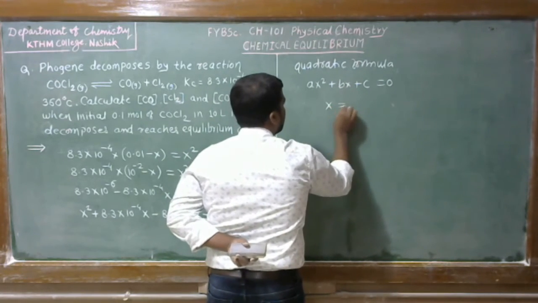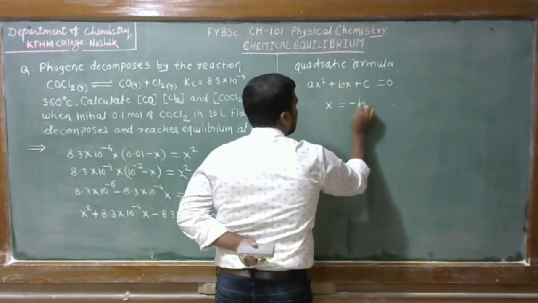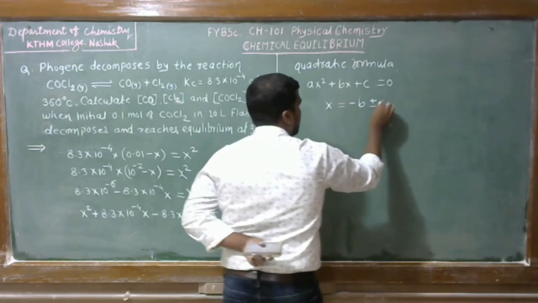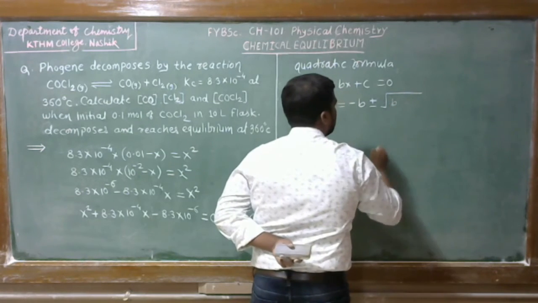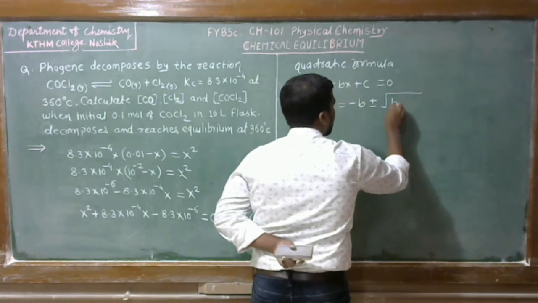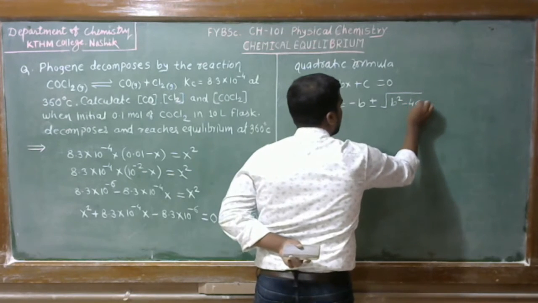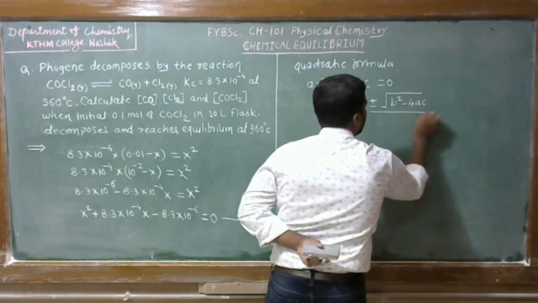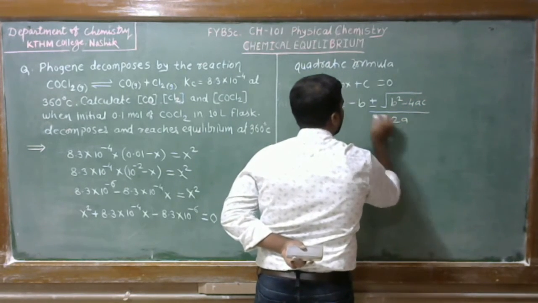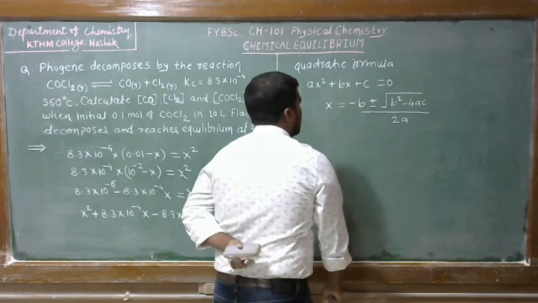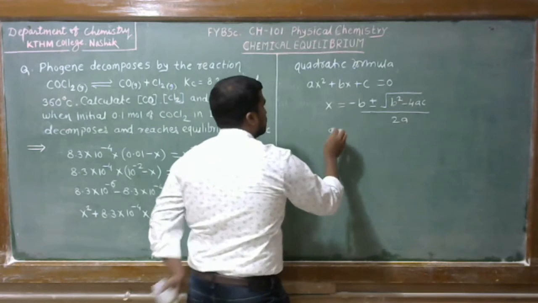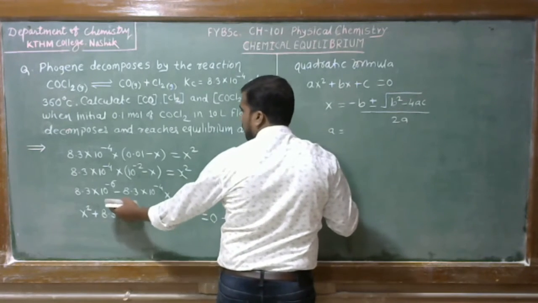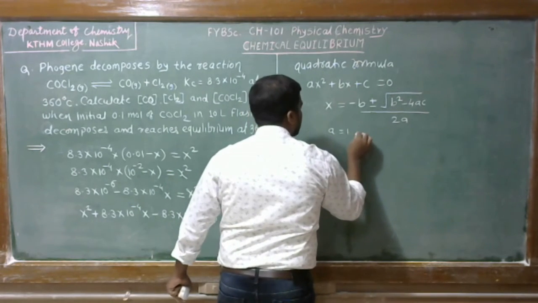Then x is equal to minus b plus or minus the square root of b square minus 4ac, divided by 2a. Now here, a is equal to 1.